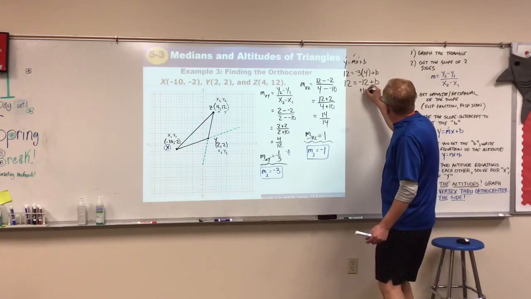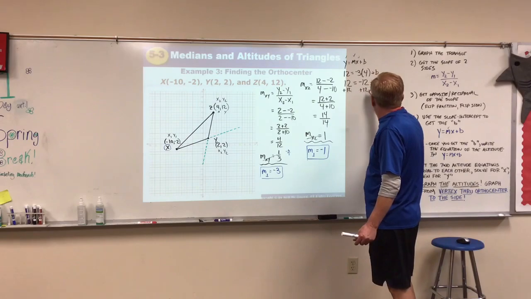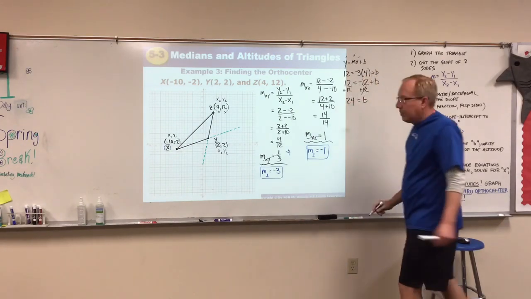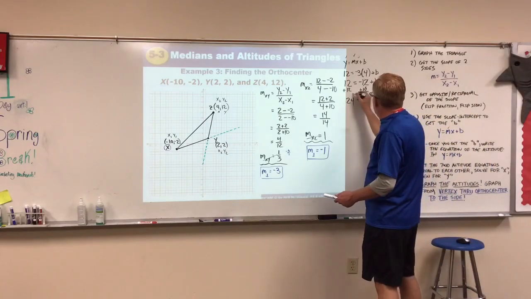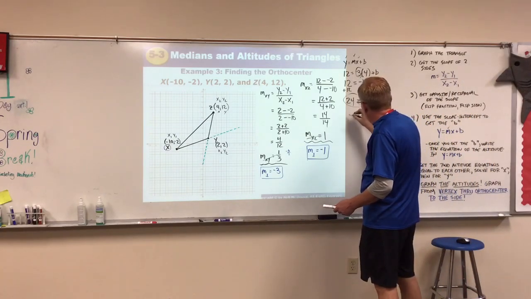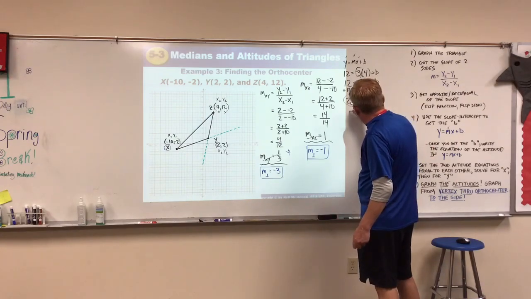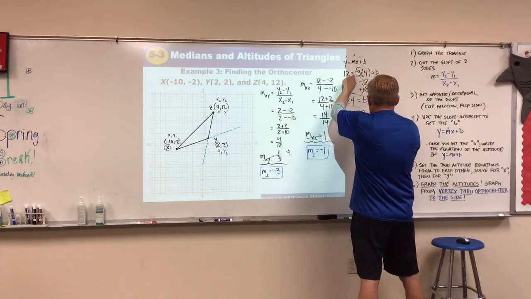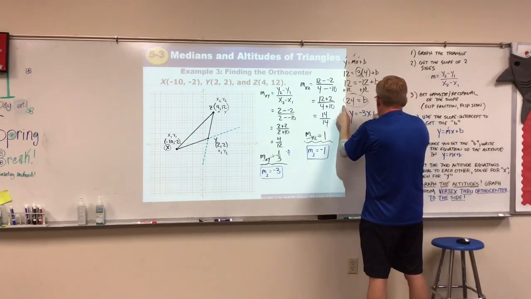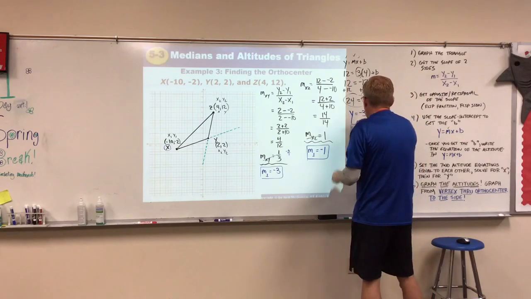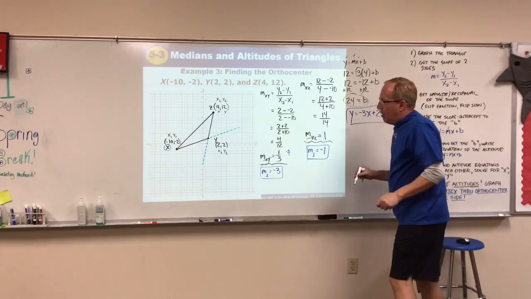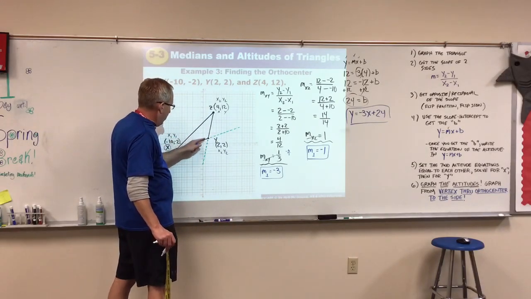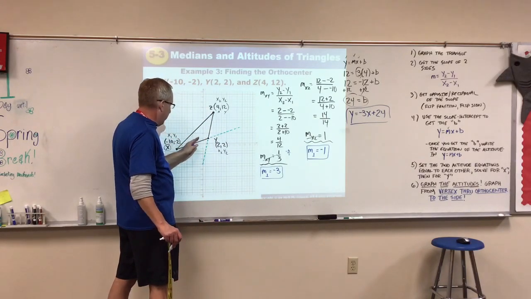I'm going to add 12 to both sides. Cancel, cancel. 24 equals b. So now I'm able to write, there's my b, there's my slope. y equals my slope, negative 3x plus 24. Okay, that is the equation of the altitude that will go through, from here, through this base.